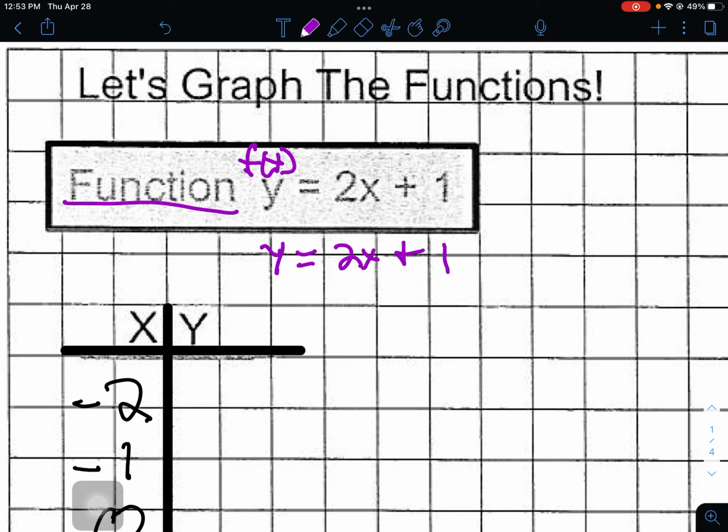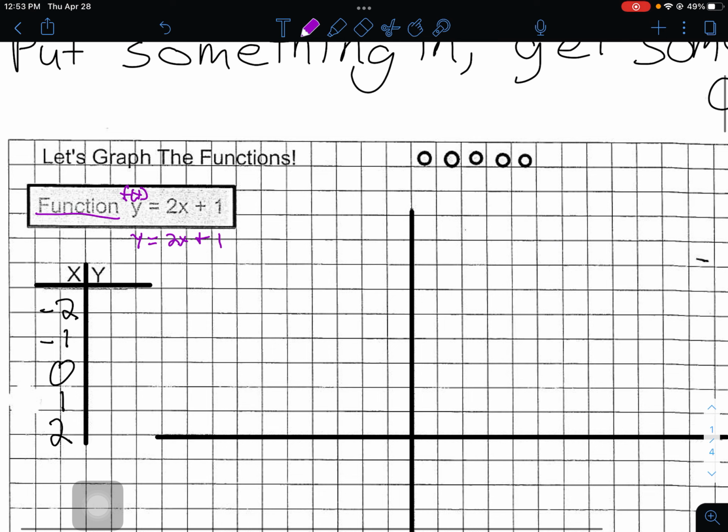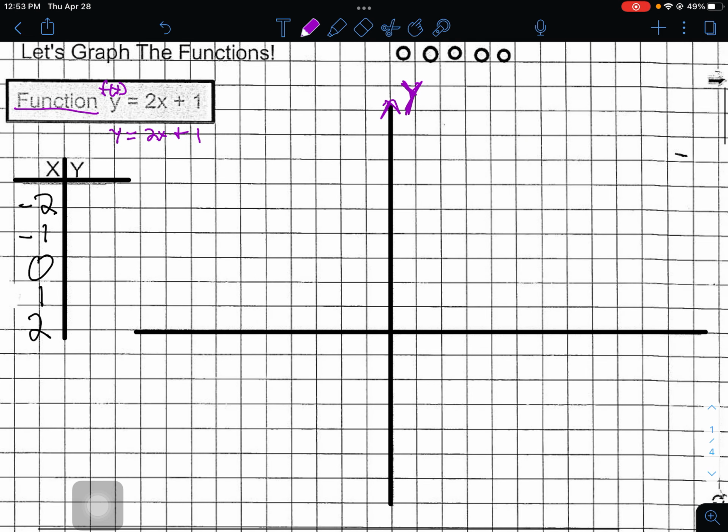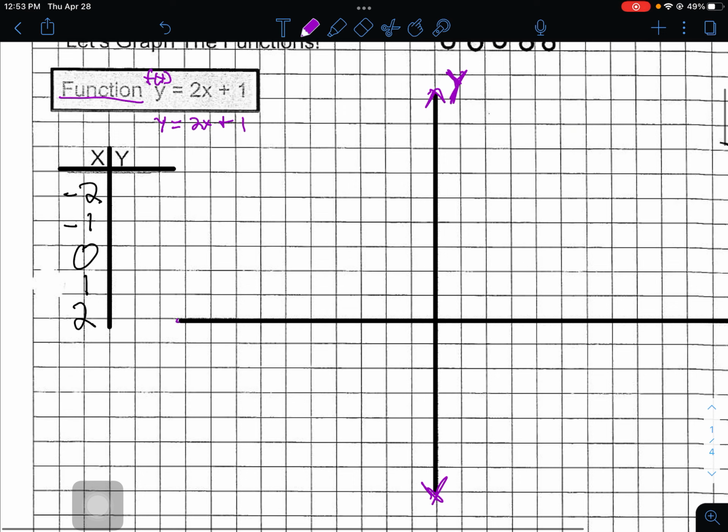This allows us to start talking about x and y. On Friday, we were talking about graphing. When you're graphing, the up and down axis of a coordinate plane is the y-axis, and the right and left is the x-axis.